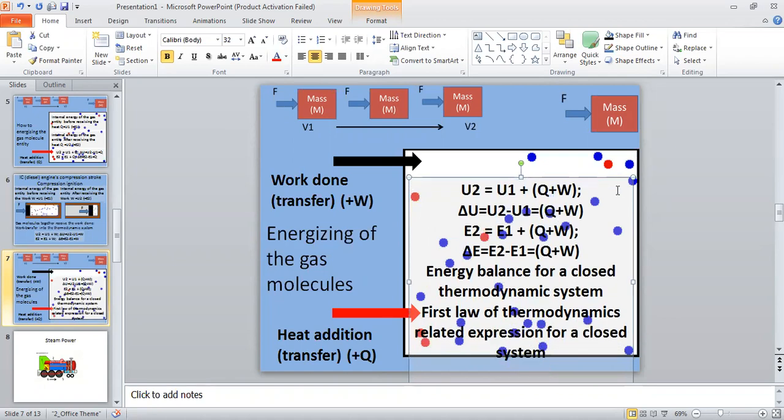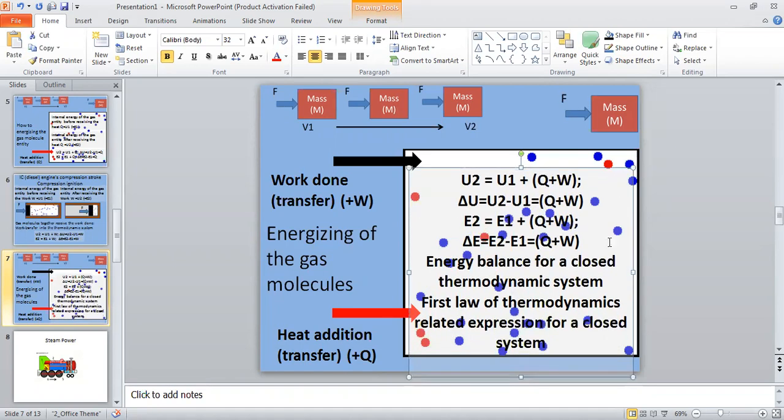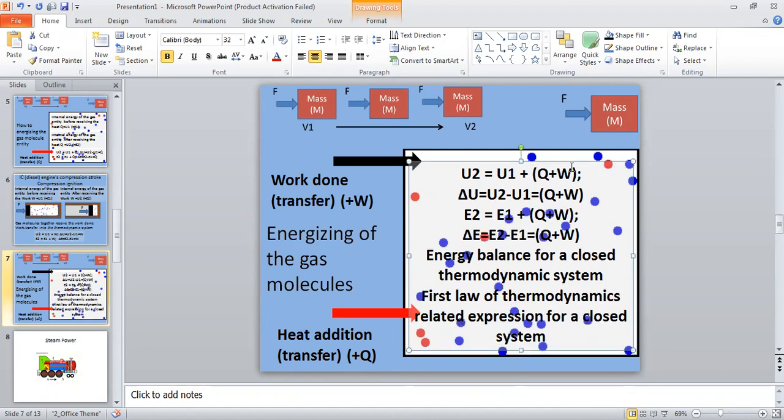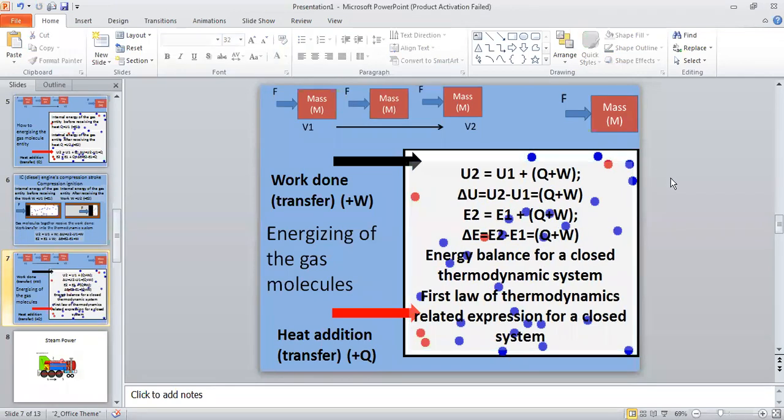If the boundary is moving, definitely you have a work interaction, or even there can be other ways of work additions as well. Interesting. I believe you can understand this.